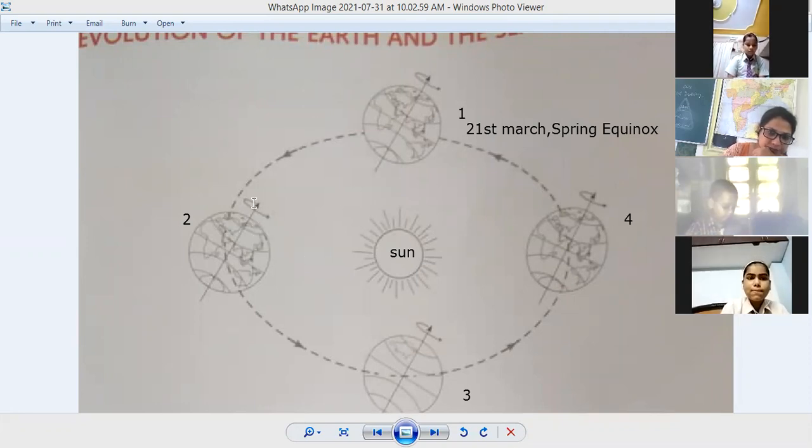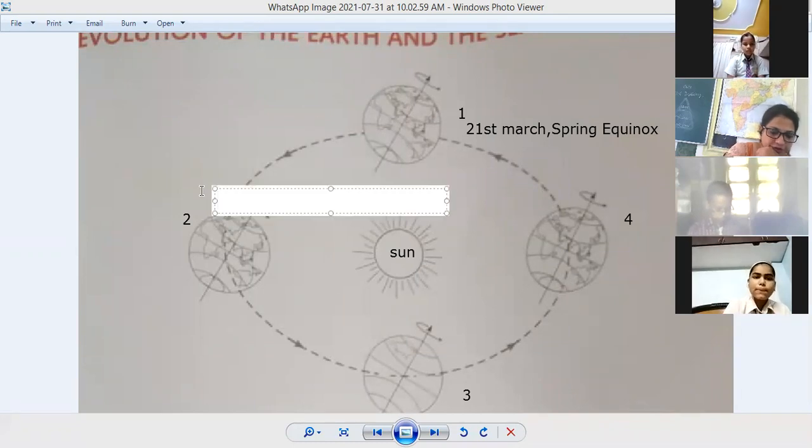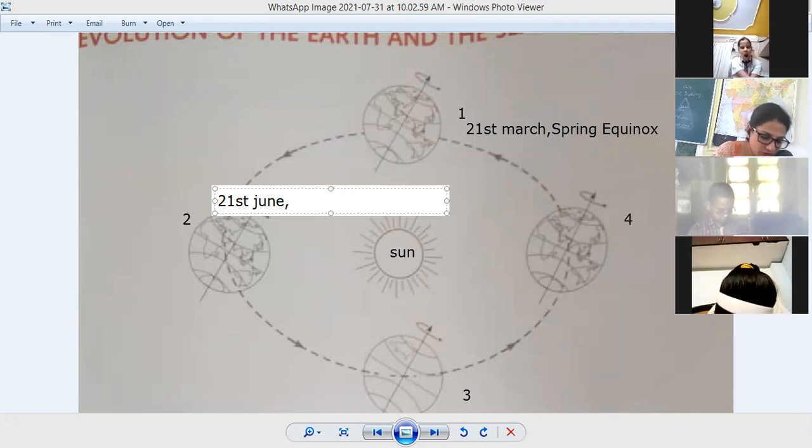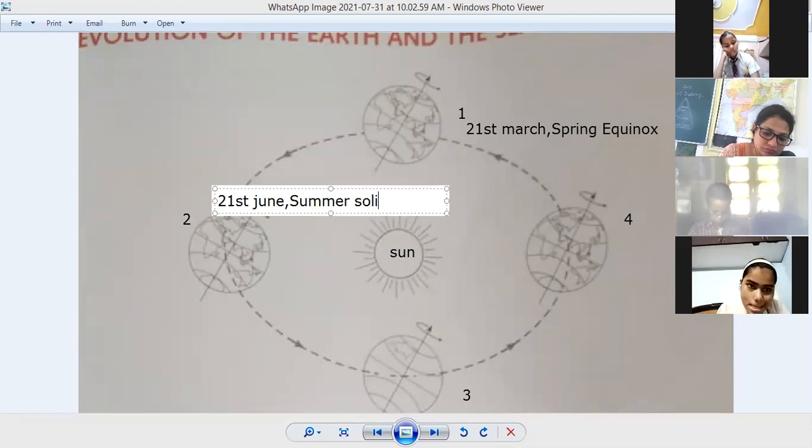This is position number 2, 21st June. Comma, this is summer solstice. Solstice. Wait. Okay.